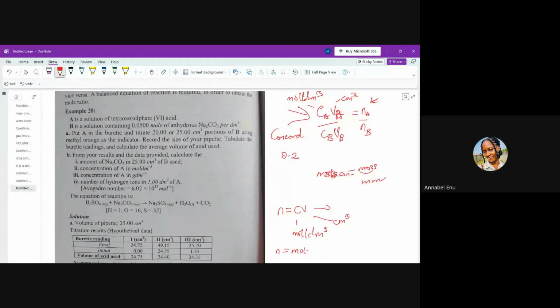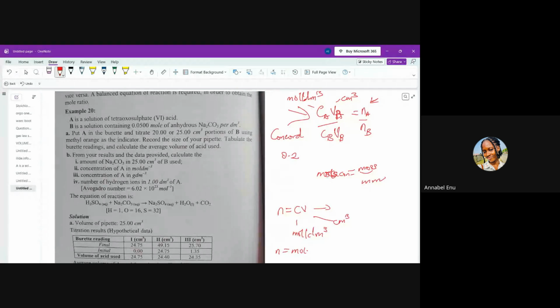So the titration process gives us those two details: volume of acid and volume of base. If we are pipetting acid, our volume of acid will be 25 centimeters cube, and if we are pipetting base, the volume of base will be 25 centimeters cube.